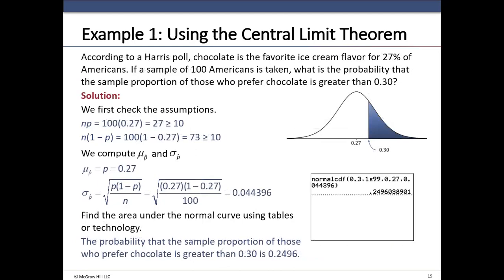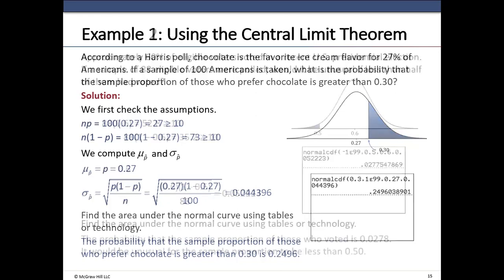Your lower is 0.3, upper is 1E99, and you want greater than 0.3. Your mean is 0.27. Your standard deviation you calculated before is 0.044396. You go to paste. Whenever you go to paste, you have to hit enter twice. And the probability is 0.2496.